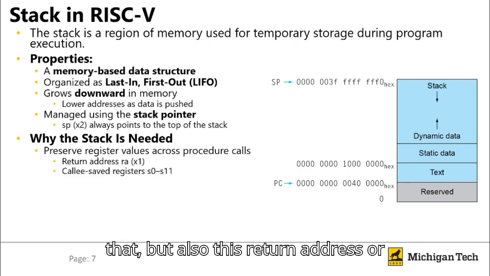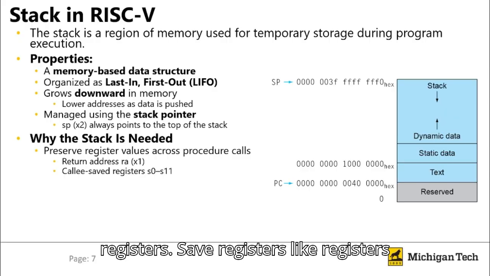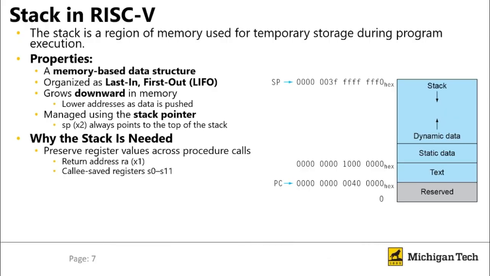Not just that, but also this return address or x1. We can save two values in the stack. We can save the return address, and the callee can also save registers, like registers that the caller was using before.